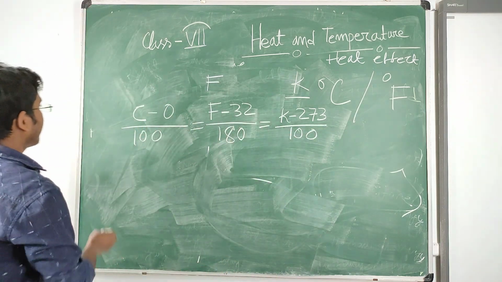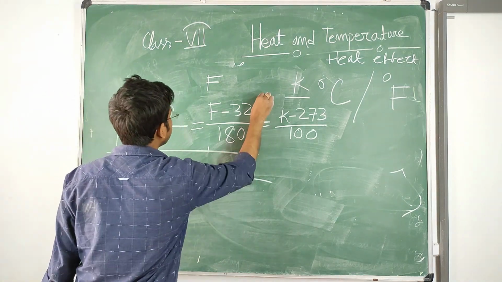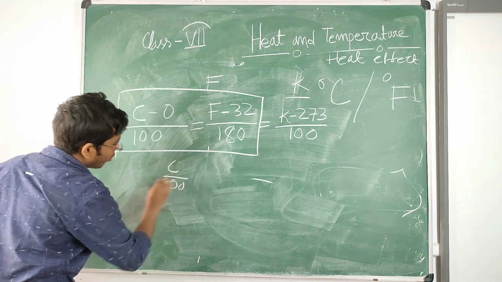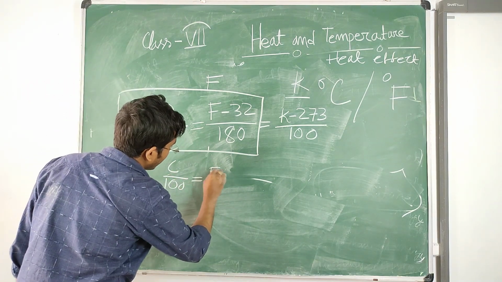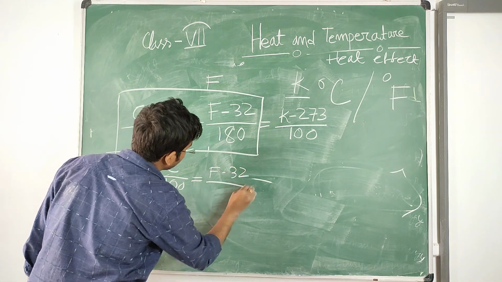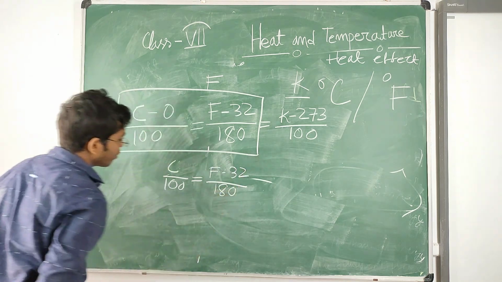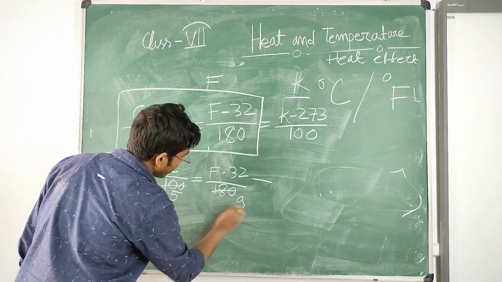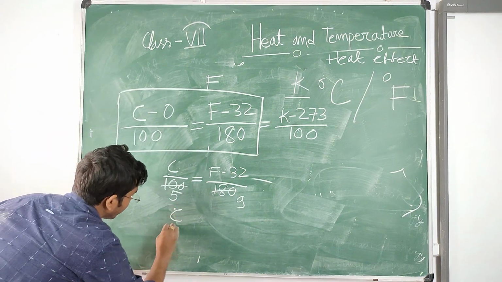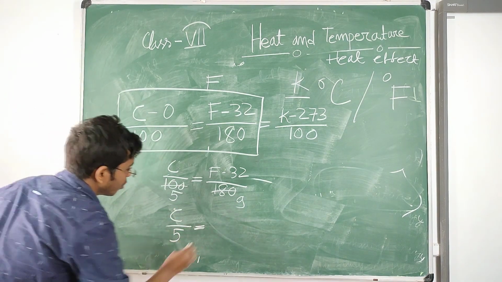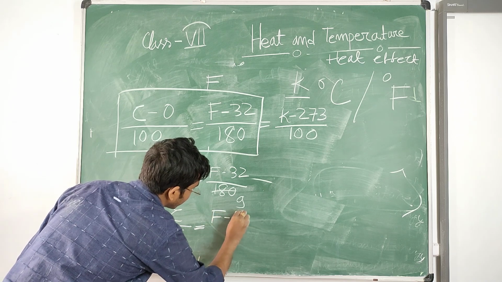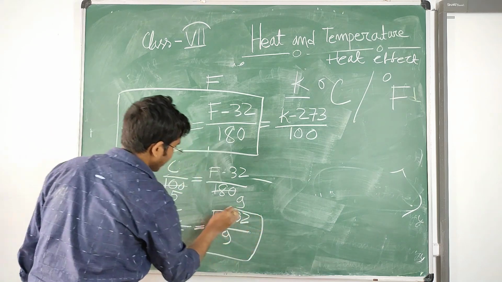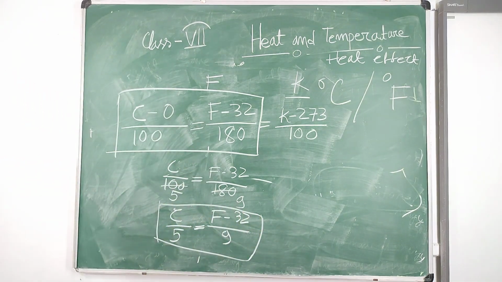At first I will take these two relations, centigrade and Fahrenheit. C by 100 equals F minus 32 by 180. Dividing by 20, we get C by 5 equals F minus 32 by 9. So this is the relation between the Celsius scale and the Fahrenheit scale.